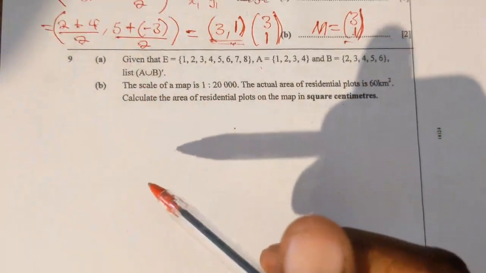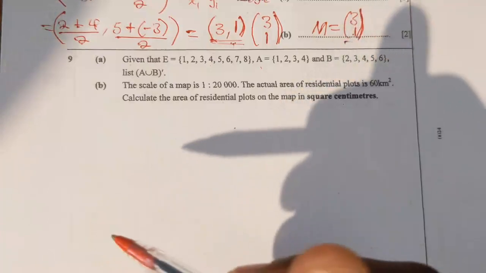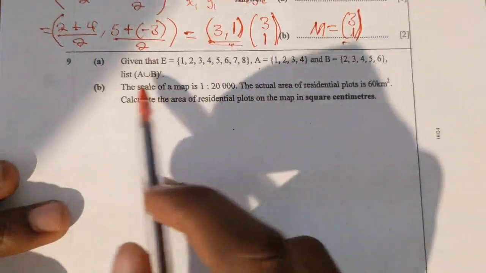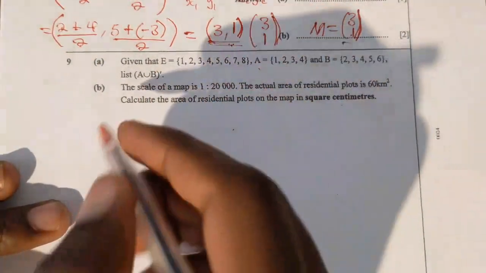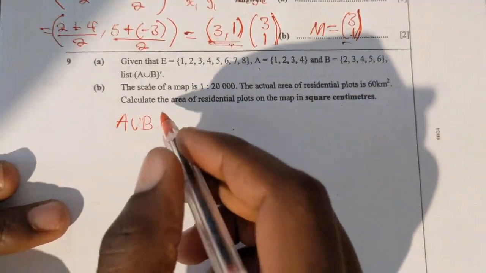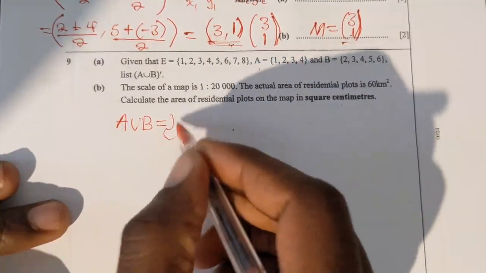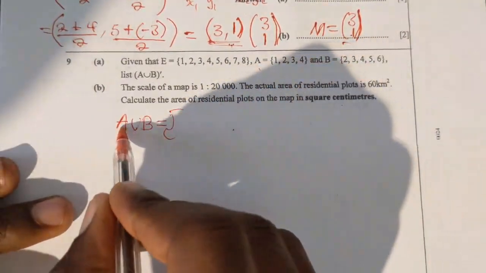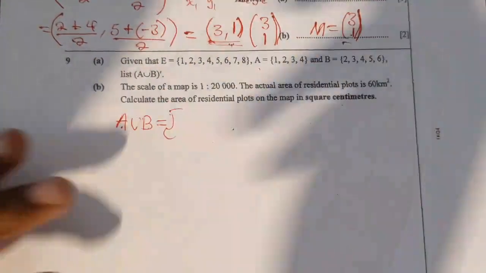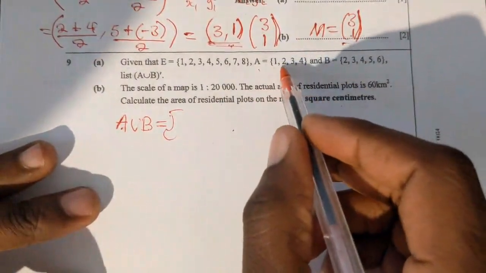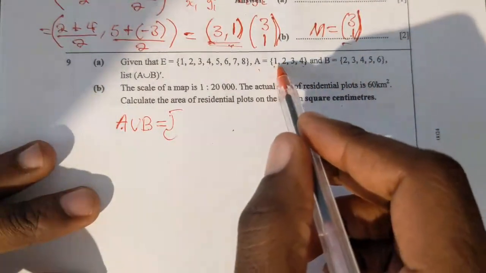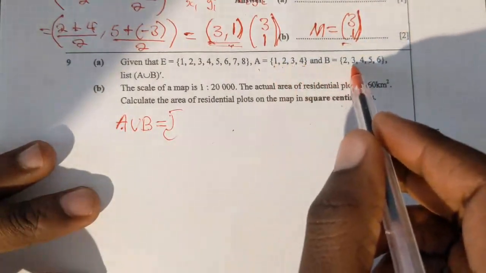So what you are going to do is write A union B. What is A union B? A union B is just everything that is in A plus everything that is in B. You just put them together. So we have 1, 2, 3, 4, just everything, but don't repeat the numbers. So 1, 2, 3, 4, 2, 3, 4, 5, 6.